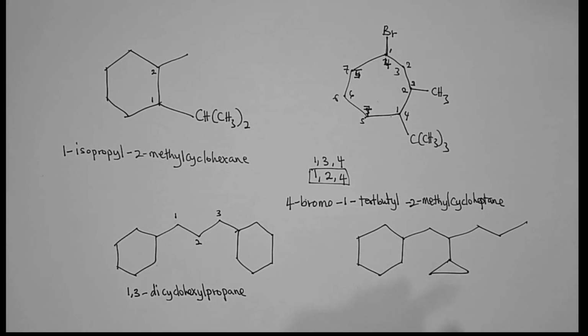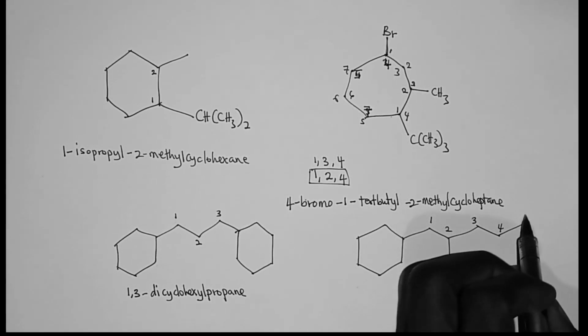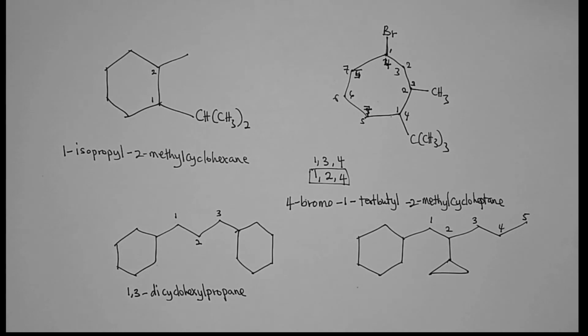So you see that this is carbon number 1, carbon number 2, carbon number 3, carbon number 4, and carbon number 5. So we have a cyclohexyl group on carbon number 1. Then we have a cyclopropyl group on carbon number 2.